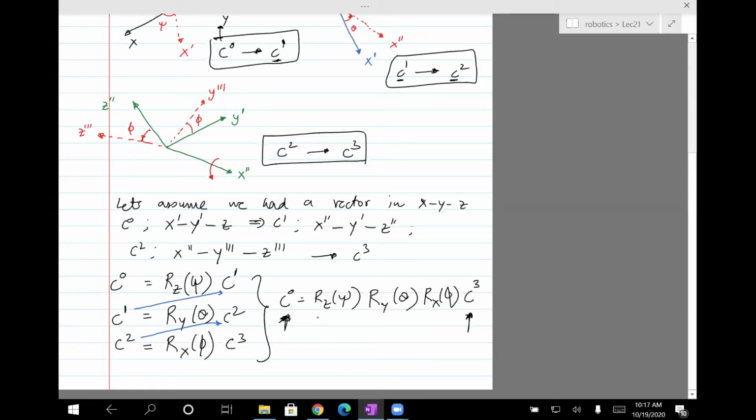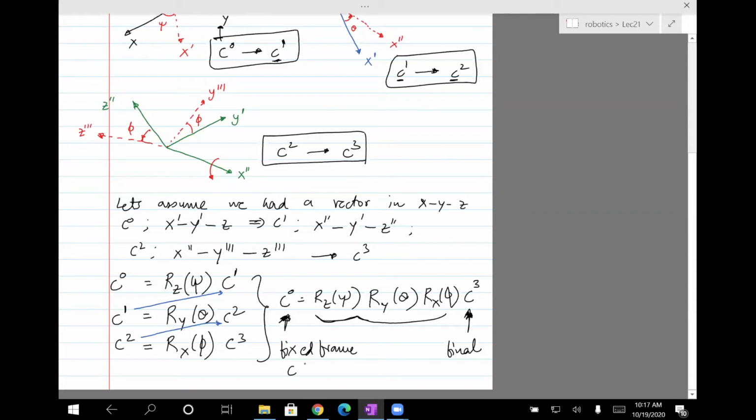So what it's saying is that if I want to consider the effect of 3 rotations, and remember I need 3 rotations to describe general 3D rotations in space, then the rotation matrix which helps me transform from the final orientation to the orientation in the fixed frame is this rotation matrix.